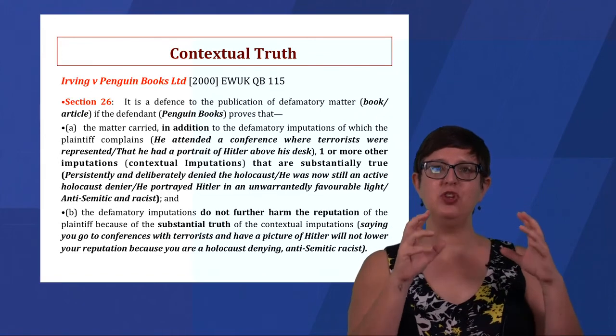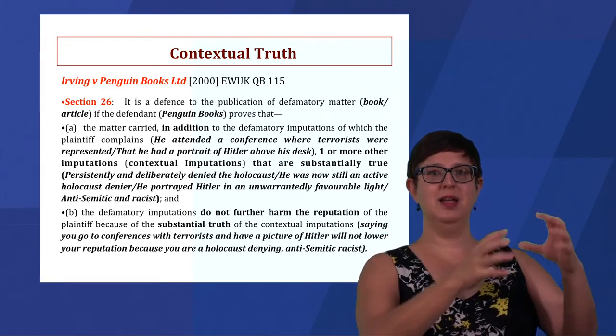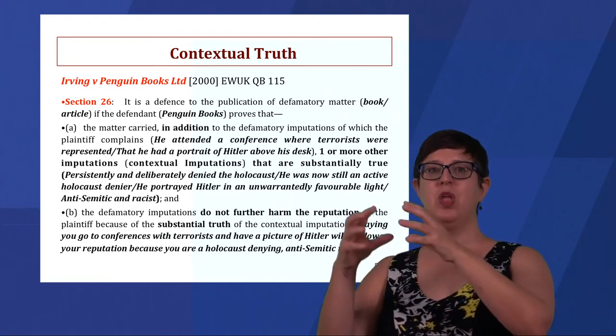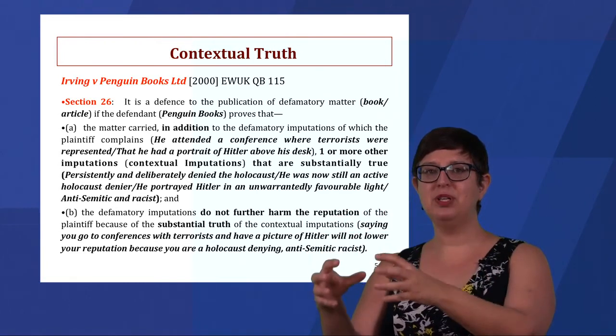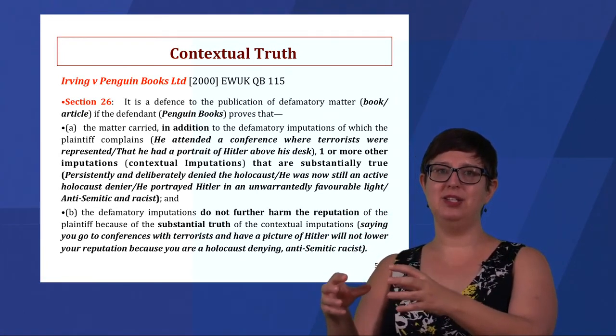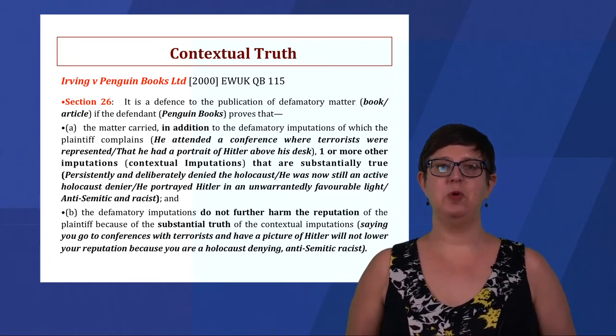So part of using this defence is you've got to clearly identify what is the plaintiff suing about, what are those imputations, what are the separate substantially true imputations in the same publication. And you can see that two steps are happening there in the example.